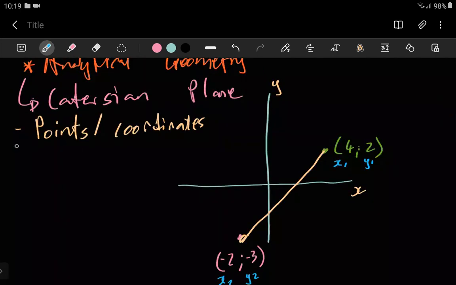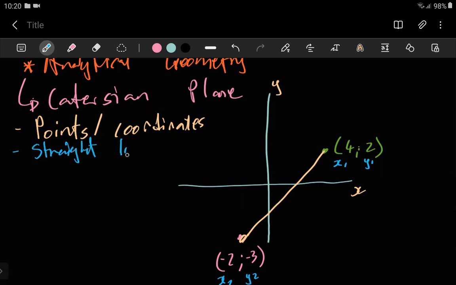But the moment you have points / coordinates, if you start joining them, you're going to have a straight line. Now, the moment you have a straight line, you can get different properties of that straight line.